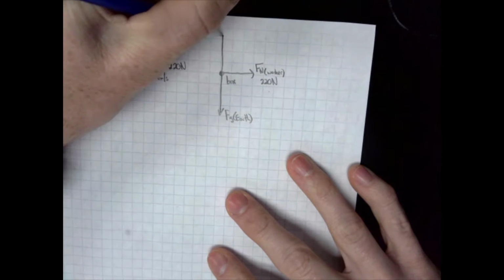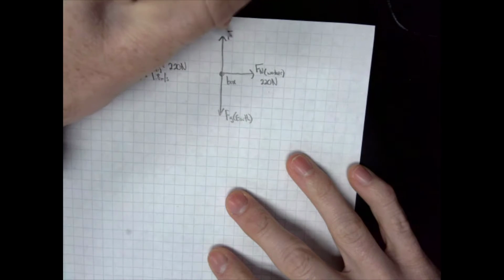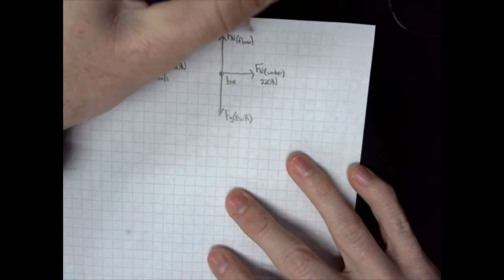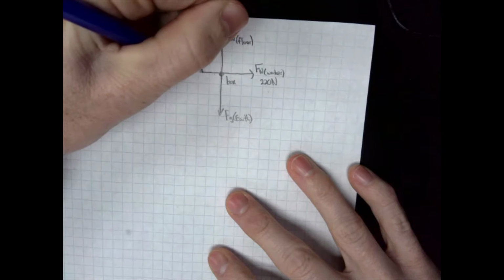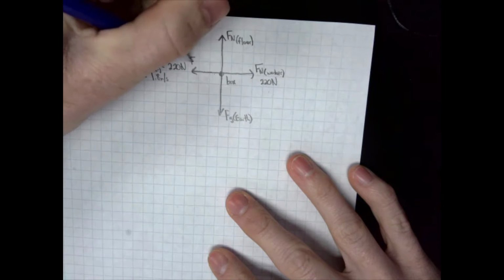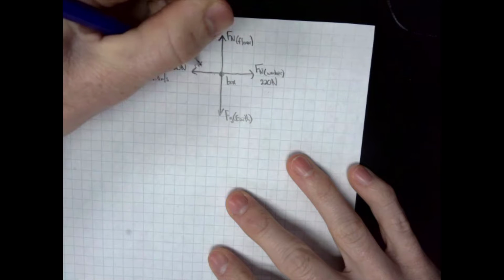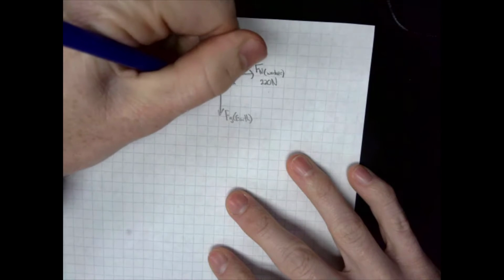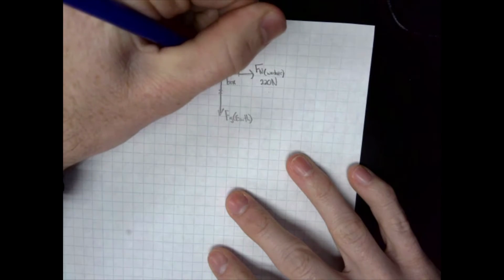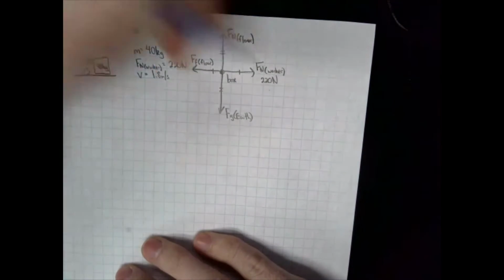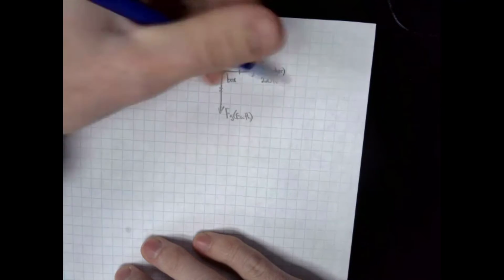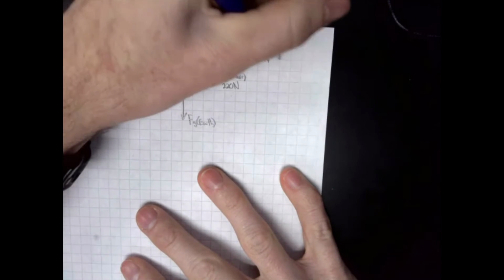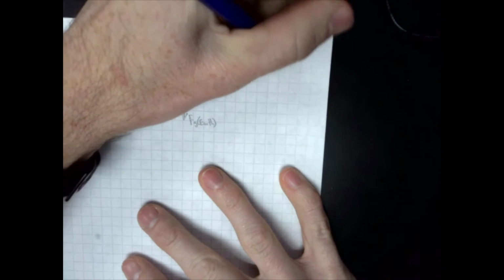We have a normal force going up because the ground is pushing on it, and because it's sliding and it's a heavy box, it's going to have friction as well. Because it's balanced, I'm going to say those two are equal and these two are equal. So if this one's 220 newtons pushing forward, then friction is going to have to end up being 220 newtons as well.